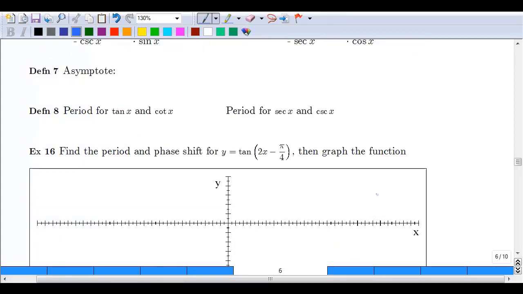Let's again remember the definition for an asymptote. The definition for an asymptote is a line or curve that approaches a given curve arbitrarily closely.